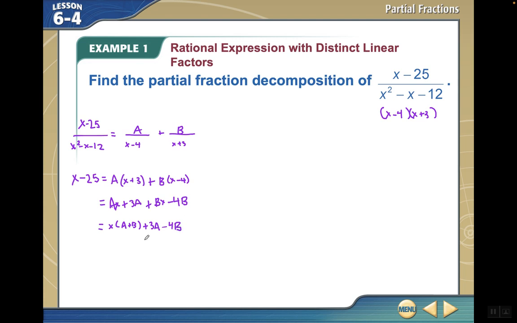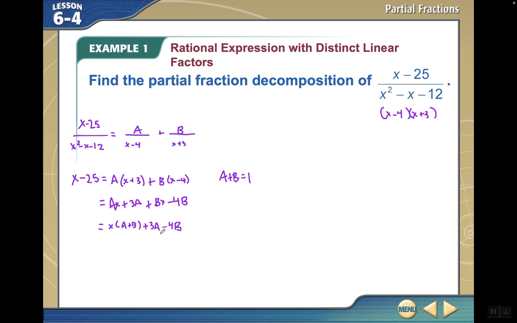So if you can visualize this a little bit, we have an x minus 25, and that's multiplied to this x term and this, which will be constants. So A plus B is what's multiplied to x. Well, what's multiplied to x up here is just 1. So it would be fair to say that A plus B has to equal 1.